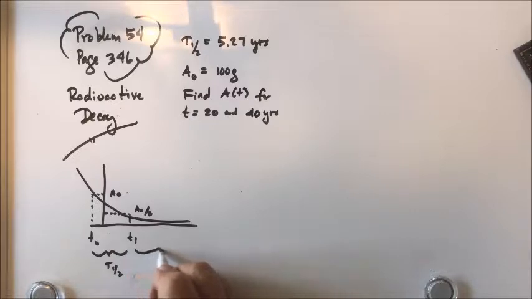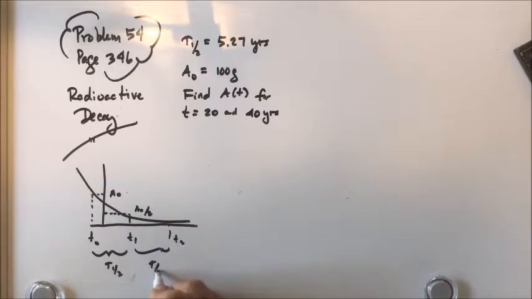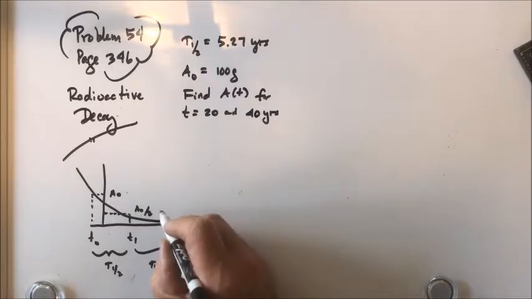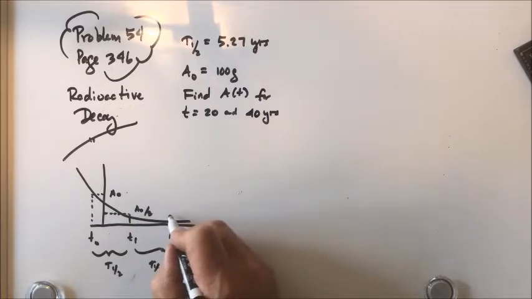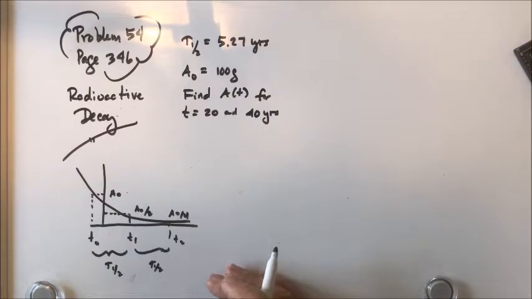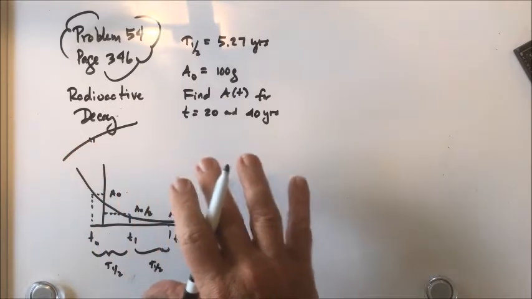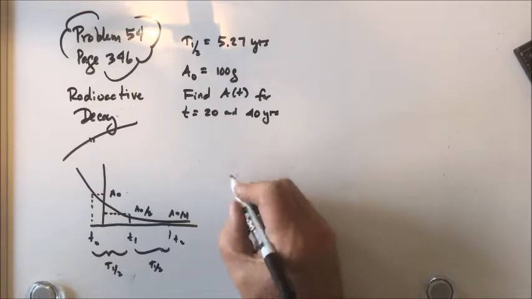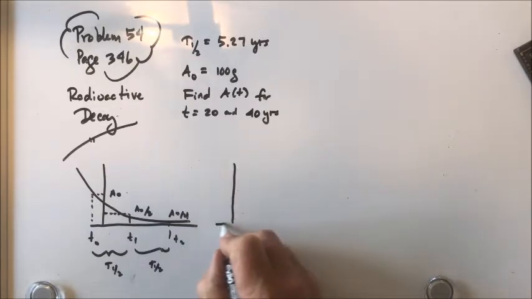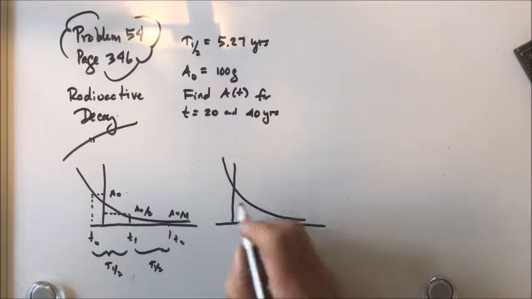And in fact, if we go out here to t2, another half-life, a0/2 will have dropped to a0/4. Every half-life is a step down of a factor of 2. There are other types of measures, and sometimes you'll see e-folding times.